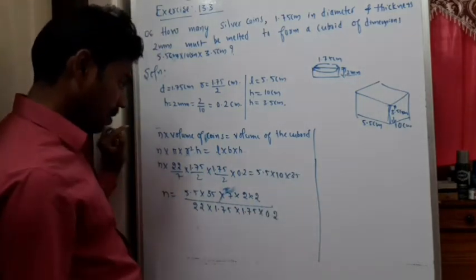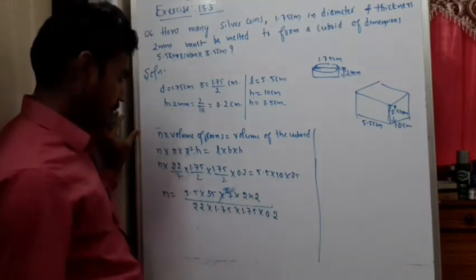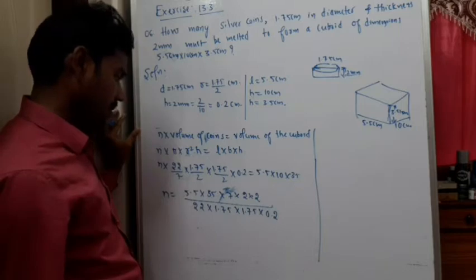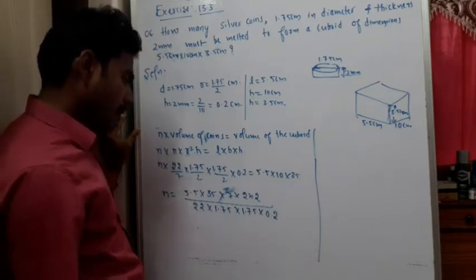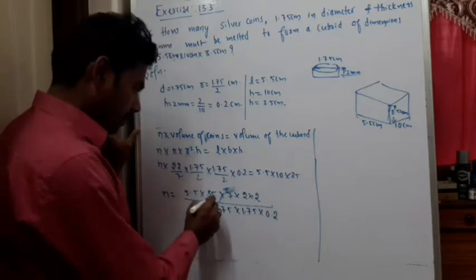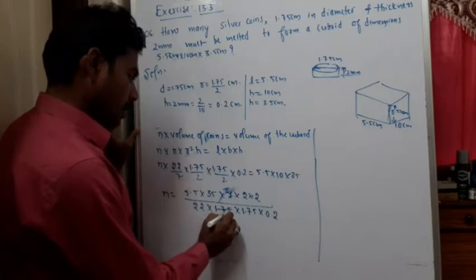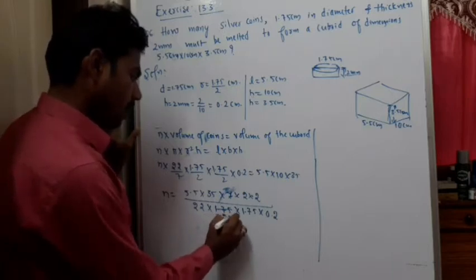Now we will try to eliminate the decimals. How can we eliminate the decimals? Before that, whatever is possible we will try to eliminate. 7 ones are 7, 7 twos are 14, 7 fives are 35.